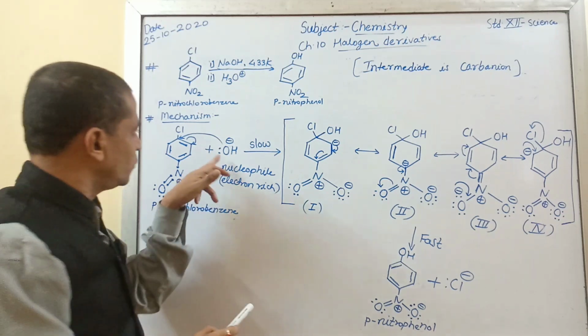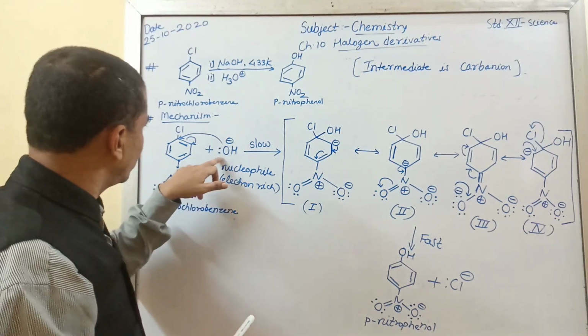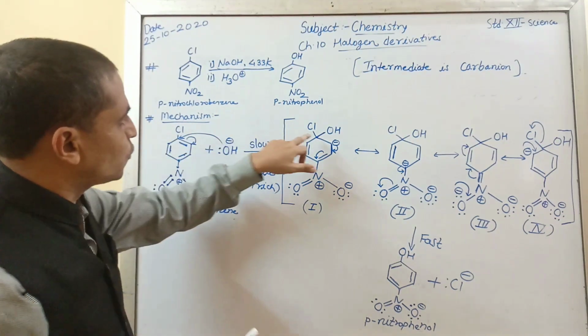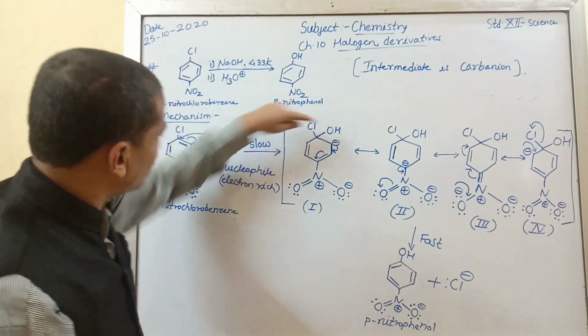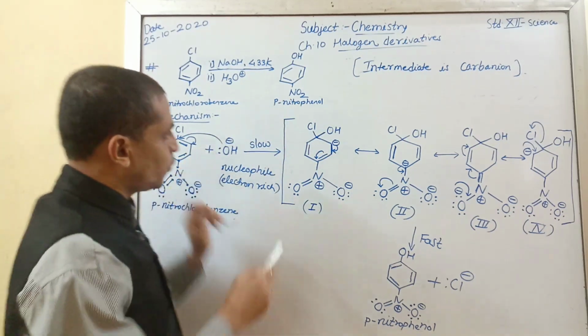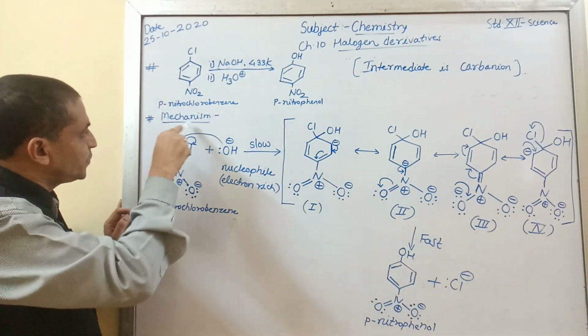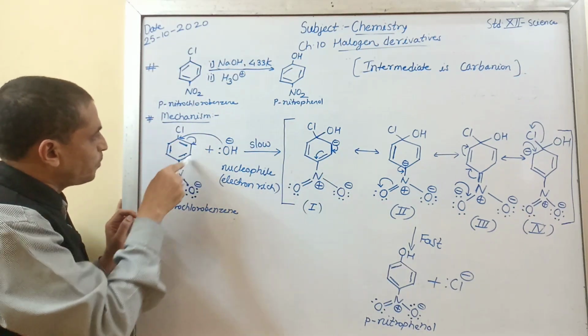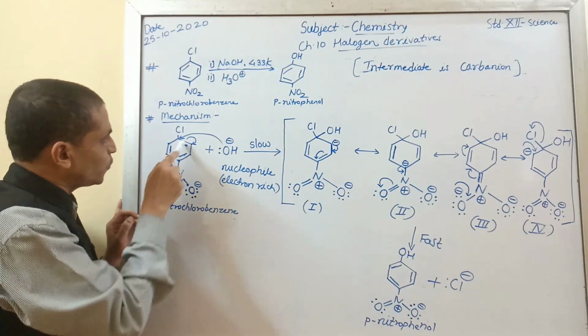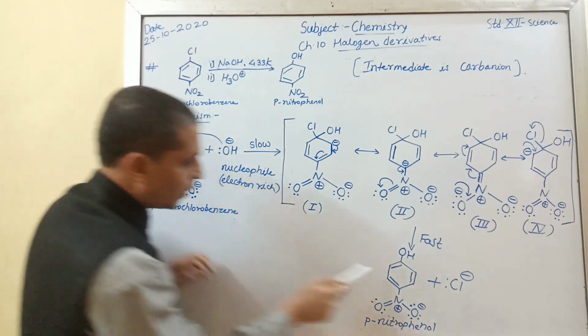Now see, the nucleophile is electron rich. It attacks this carbon atom. So this bond is formed because of these 2 electrons. Now we have to write down the resonating structures. In resonating structures, we have to change the position of the pi bond. Observe this and observe this.